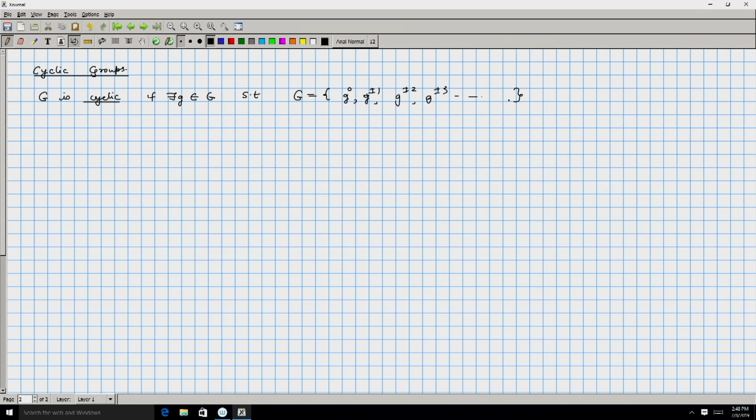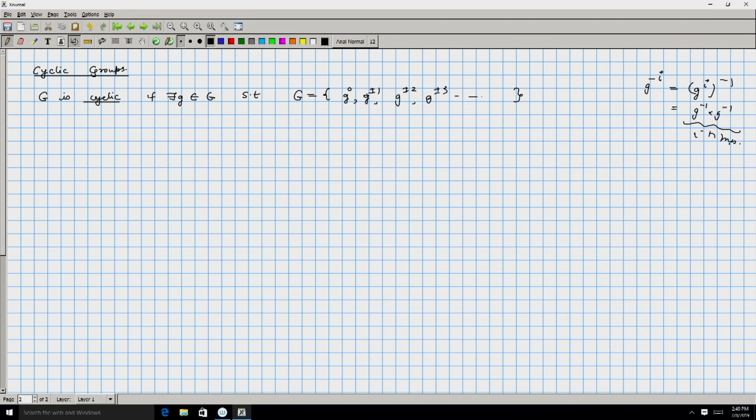Okay. So, when we write g power minus 1, that would mean the inverse of g power 1, and g power minus i is g power i inverse. Okay. We could also think of this as same as g power i, g power minus 1 multiplied with itself i times. Okay. When it is a group, all these properties must be true.